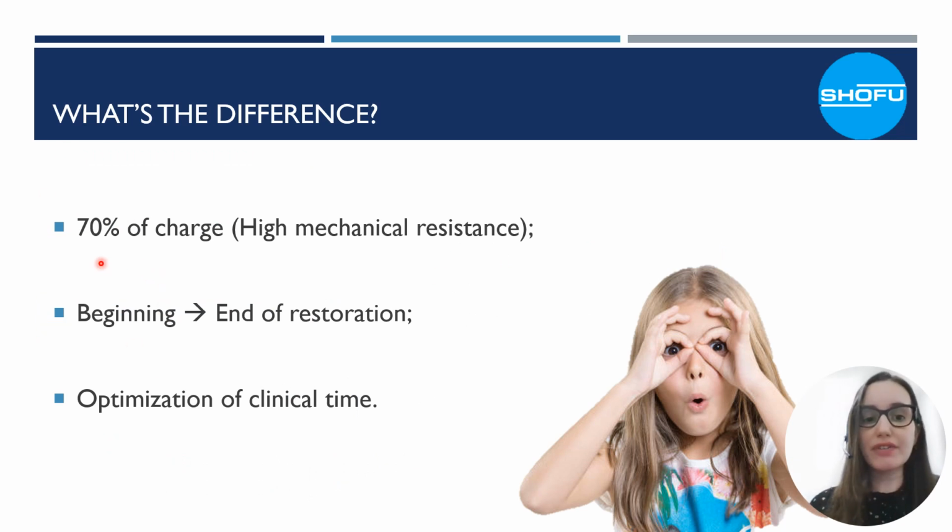This one has 70% of filler, so it has high mechanical resistance, so it can be used from the beginning until the end of the restoration, of course, respecting the layers of 2 millimeters each one. So this optimizes the clinical time, and this is very important, especially dealing with pediatric dentistry patients.